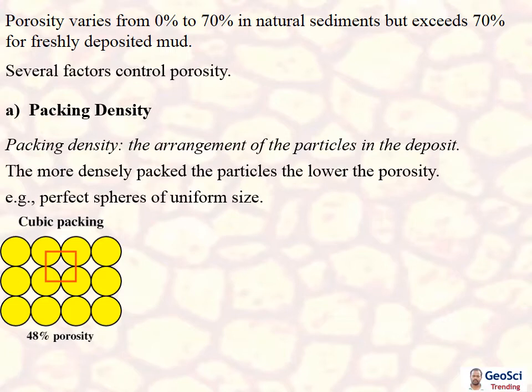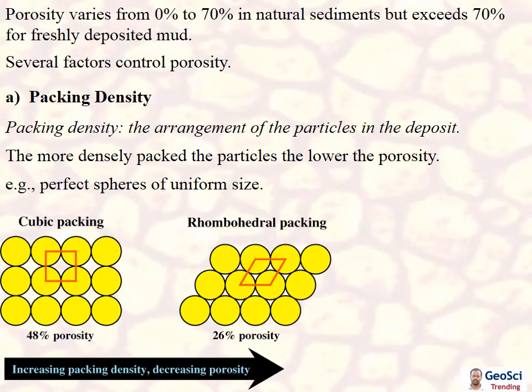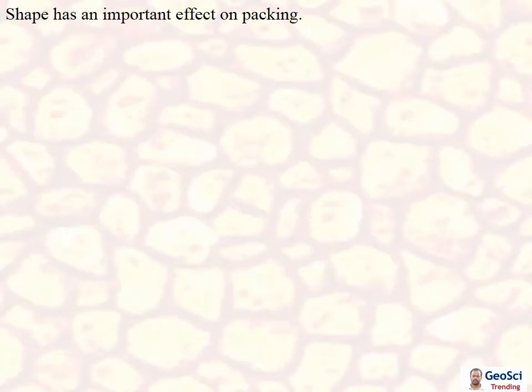The cubic packing is 48% porosity. There is increasing packing density from cubic packing to rhombohedral, with decreasing porosity. The porosity can vary from 48% to 26%.